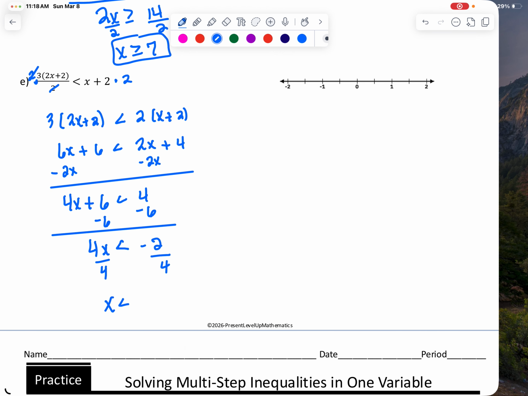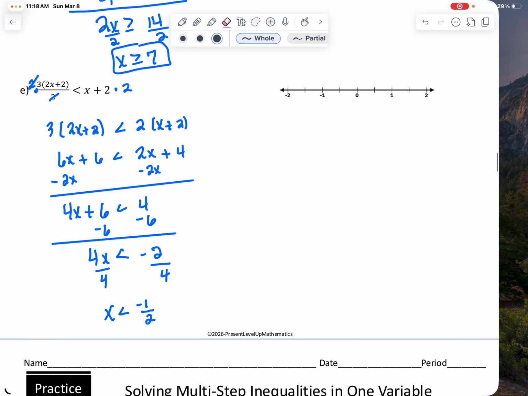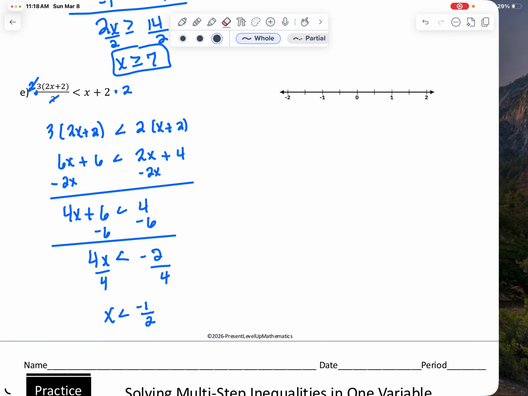A lot of people think negative 2 divided by 4 is 2, but negative 2 divided by 4 is negative 1/2. So I want to put an open circle at negative 1/2. So that would be right here. And then I want to shade all the numbers that are less than or smaller than negative 1/2, which would be to the left.